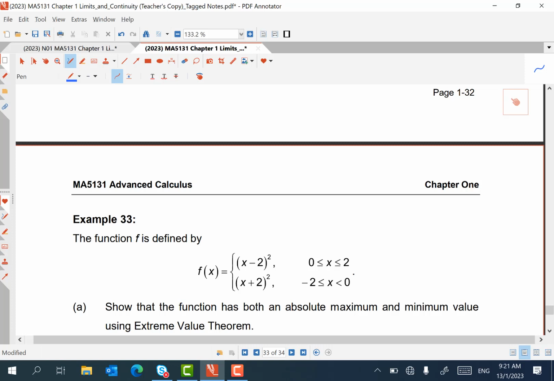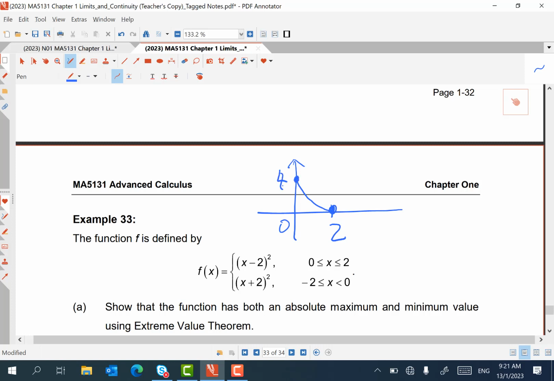Okay, so if I draw the graph it will look like this. Between 0 and 2, this can be like that.